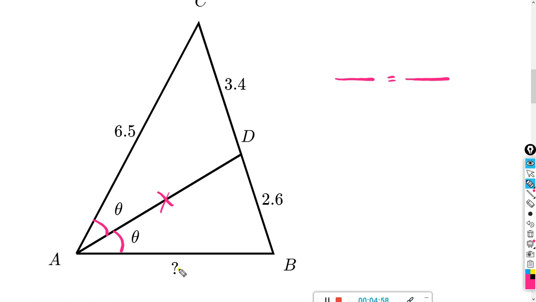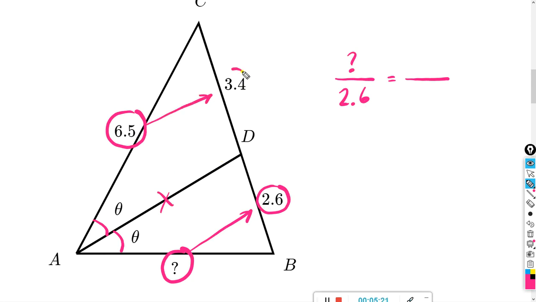And again, I want my question mark in one of the numerators, so I'm going to do it that way. So let's do the question mark divided by 2.6. And you want to go in the same direction on the other triangle. 6.5 divided by 3.4.